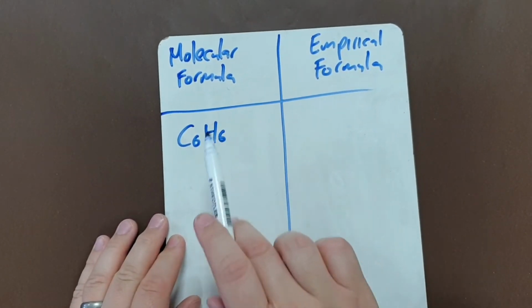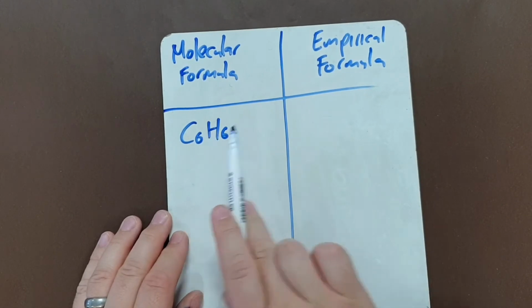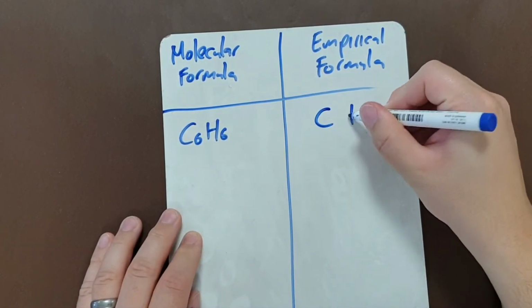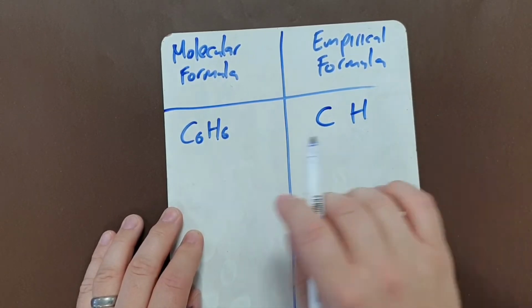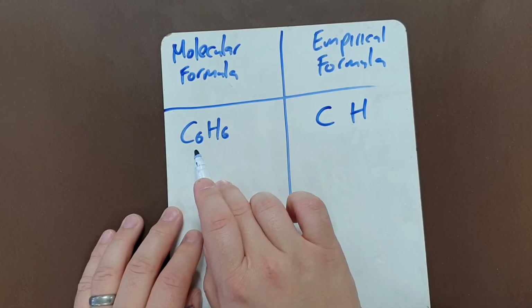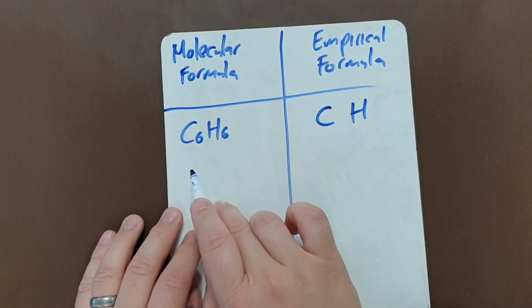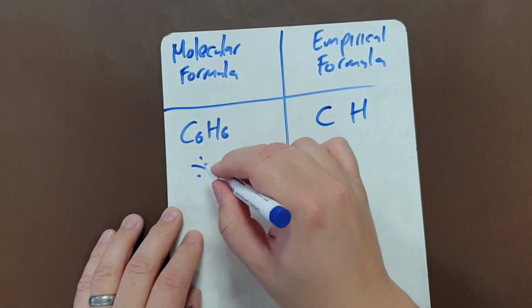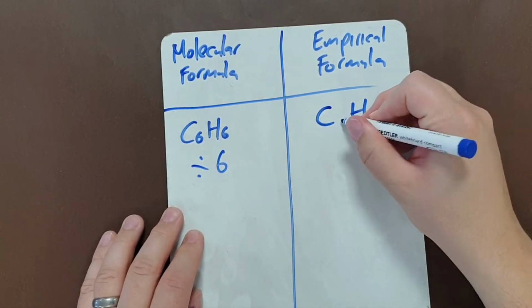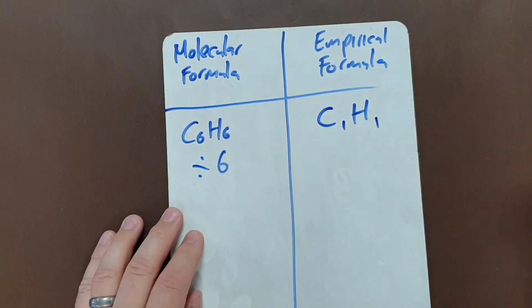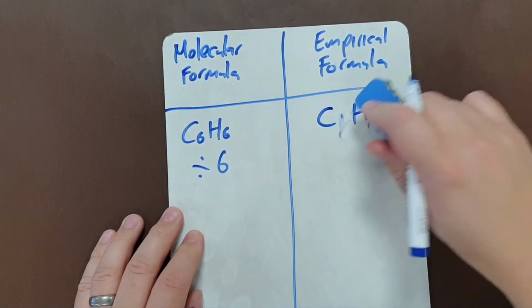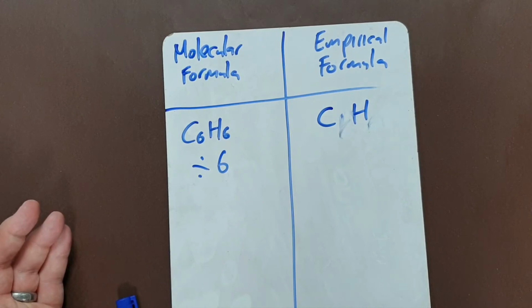We'll do it in a couple of steps, but one step if possible. How can we simplify this into empirical formula? We know we're definitely going to have a C and we're definitely going to have an H. We need to know what the numbers are. So we need to find the largest number that we can divide both of these by. Pretty straightforward. The largest number for those is 6, so we can divide them both by 6. If you divide them both by 6, it means we get 1s, and scientists are lazy, we don't write the 1s. So the empirical formula is just CH.